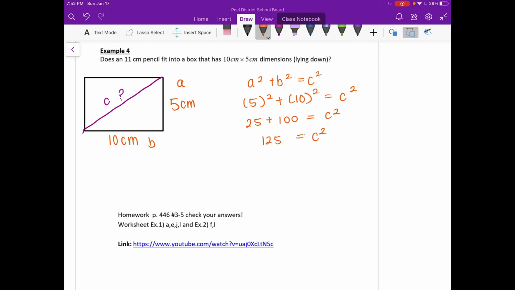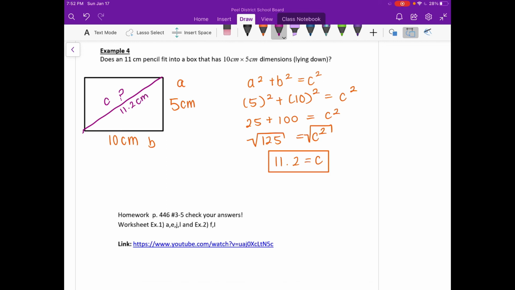I want to get C by itself, so I'm going to square root that way. And I know that if I do square root of 125, I'm given 11.1803399. I'm just going to round that to 11.2 is equal to C. So that means that this box from here to here has 11.2 centimeters of space, right?